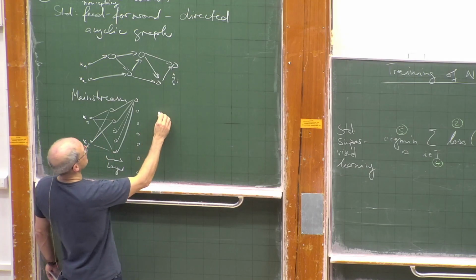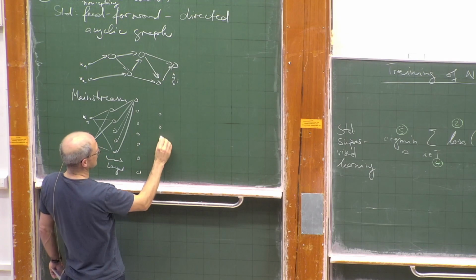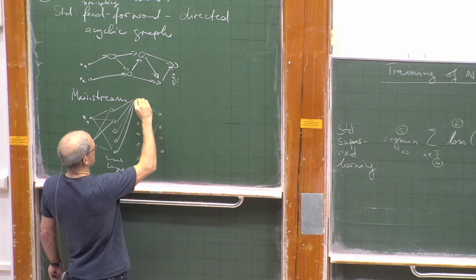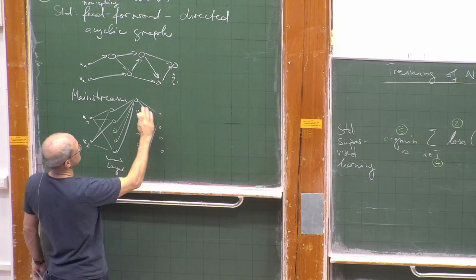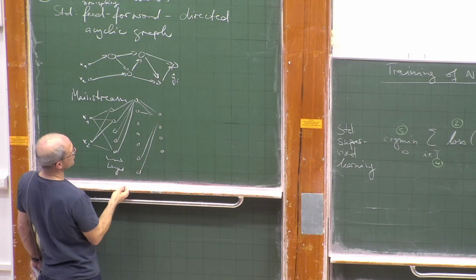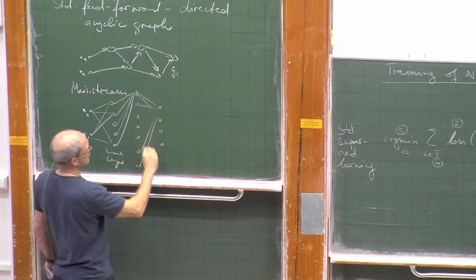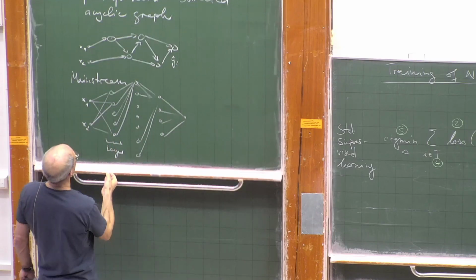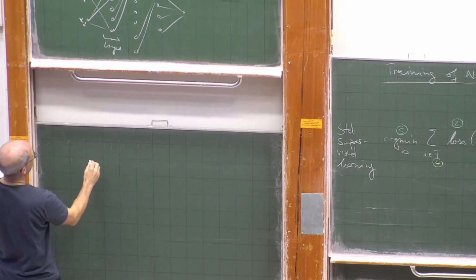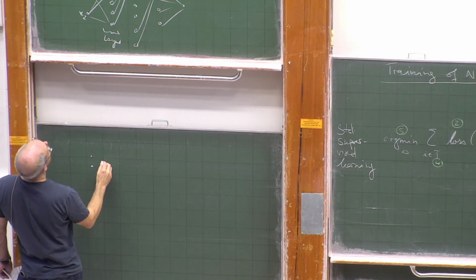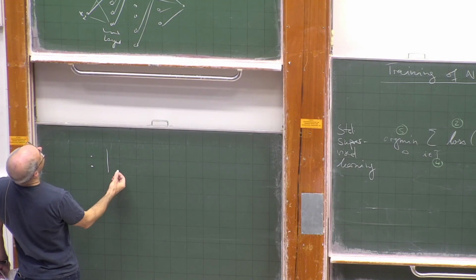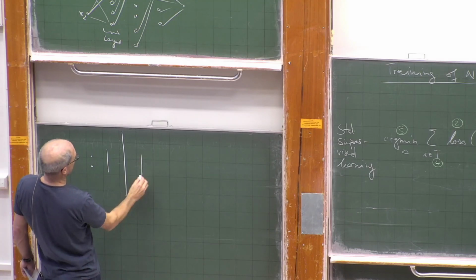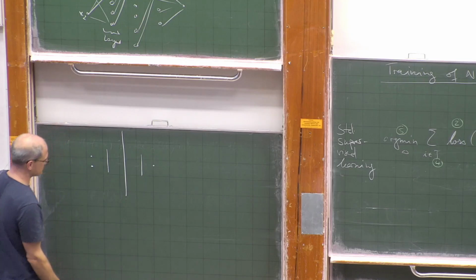Okay, this would be the standard architecture. And if people want to sketch this without drawing all the perceptrons, what you could do is use just a vertical line for each of these layers. So if I wanted to summarize what I've drawn here, it would be 2 inputs and then a not so wide layer and then a wider layer and then a not so wide layer and then a single output.